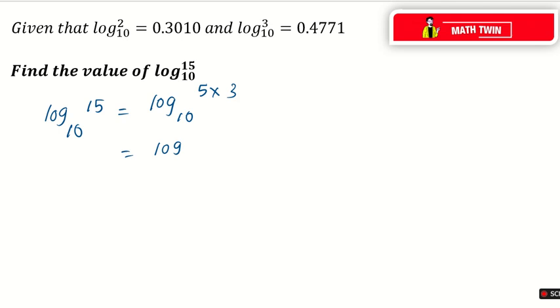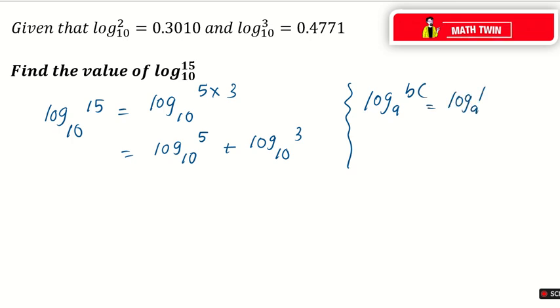So log base 10 of 5 plus log base 10 of 3. It is because we know the rule of log base a of bc is equal to log a of b plus log a of c.